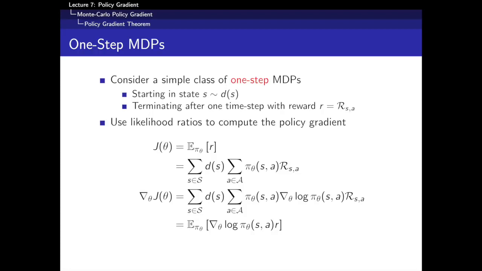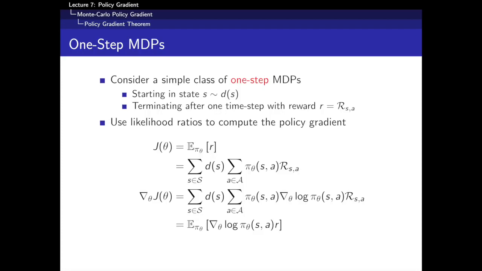Now, if we were to try and solve this, we want to find the policy gradient. We want to understand how to adjust our policy parameters so that no matter what state we're in, we pick an action that's good. We want to adjust our way of picking actions so as to get more rewards. And the way we're going to do that is to start off by picking our objective function. In this one-step case, all three of those objective functions we talked about become essentially the same.